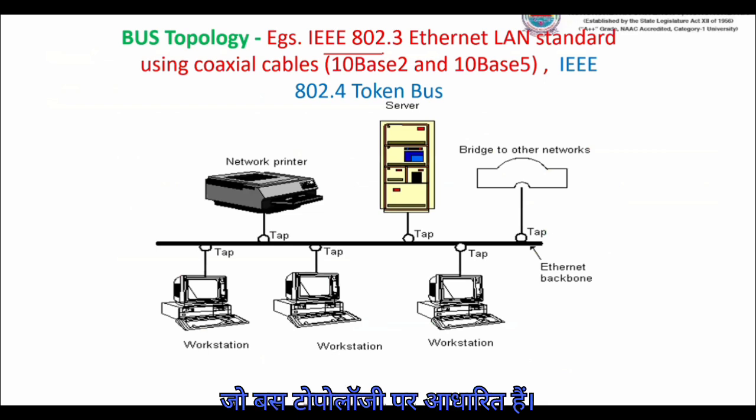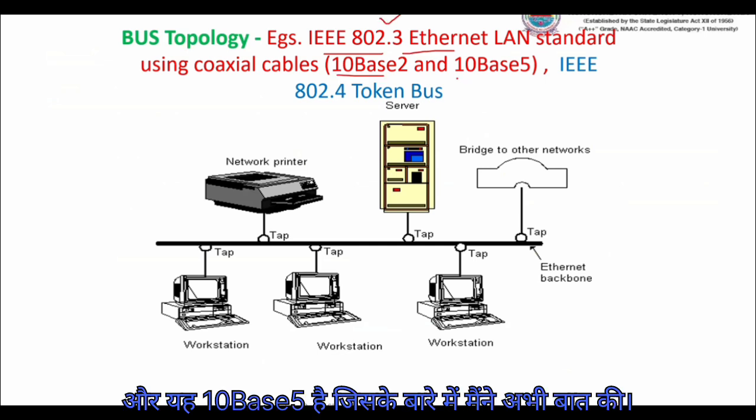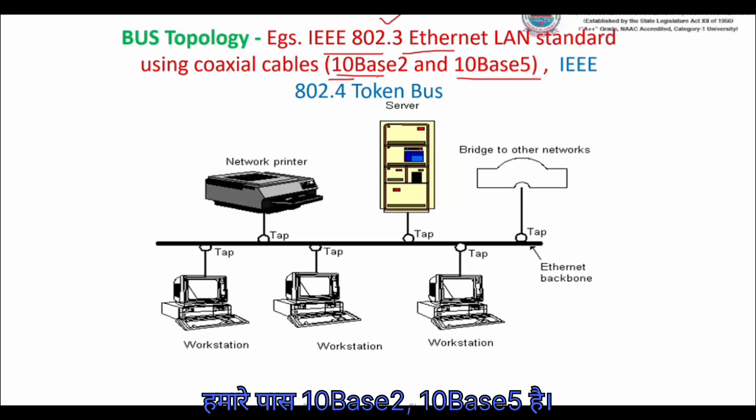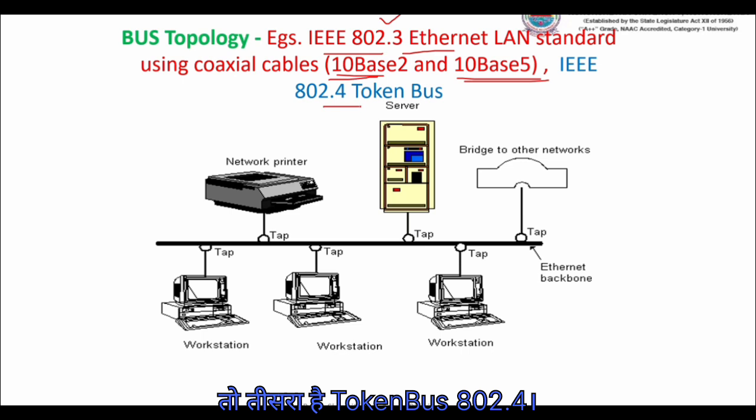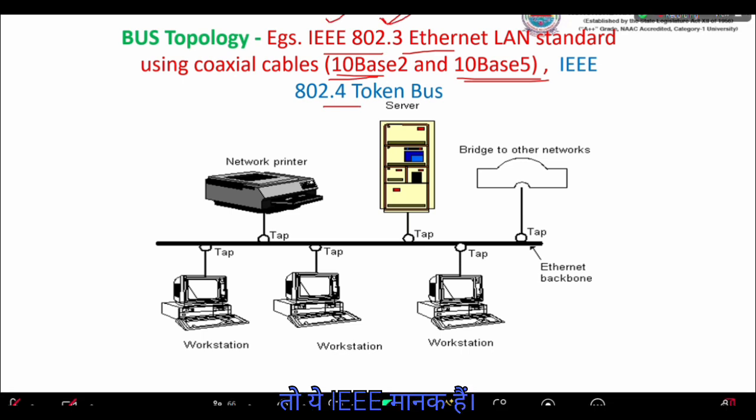These are the examples of LAN standards which are based on bus topology. Ethernet LAN 802.3 Ethernet LAN standards, and this is 10 base 5 I talked about just now. We have 10 base 2, 10 base 5. Okay, and the third one is token bus 802.4.